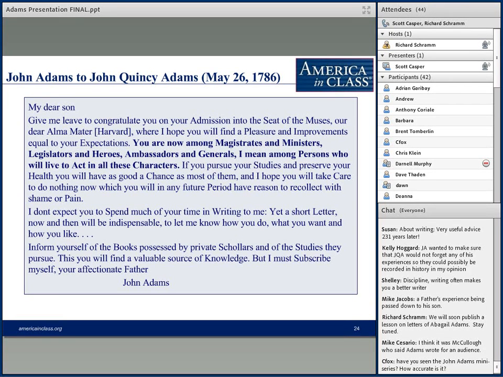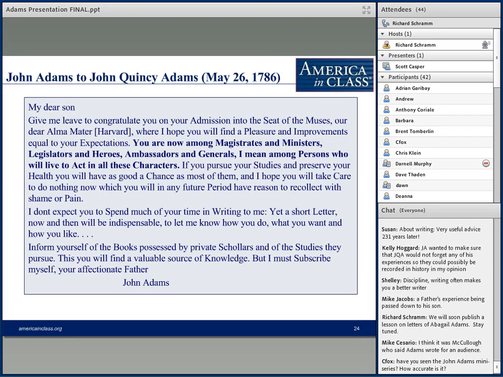Certainly. My dear son, give me leave to congratulate you on your admission into the seat of the Muses, our dear alma mater, where I hope you will find a pleasure and improvements equal to your expectations. You are now among magistrates and ministers, legislators and heroes, ambassadors and generals. I mean, among persons who will live to act in all these characters.